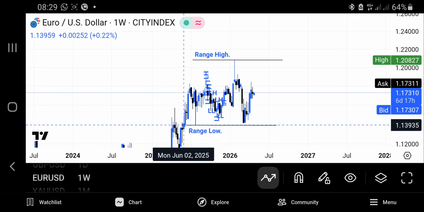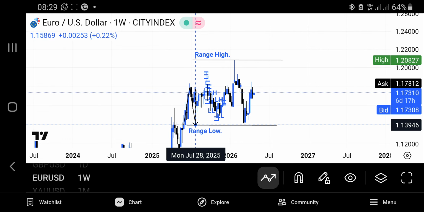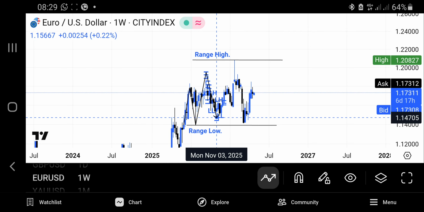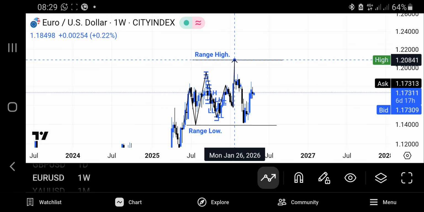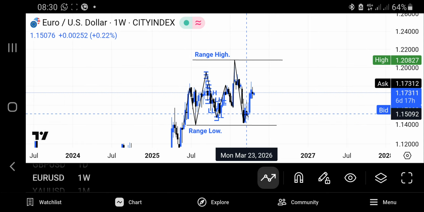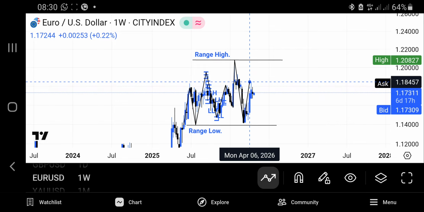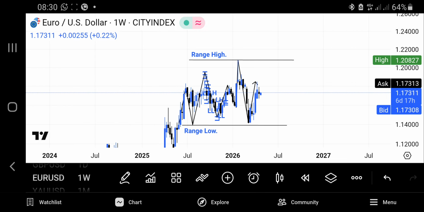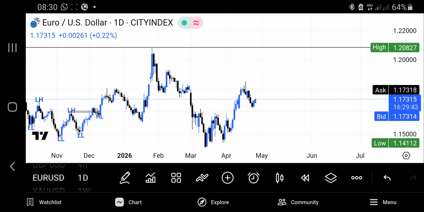Though it was bullish at a point in time, this started consolidating. You can see it. Let's go to the daily time frame.